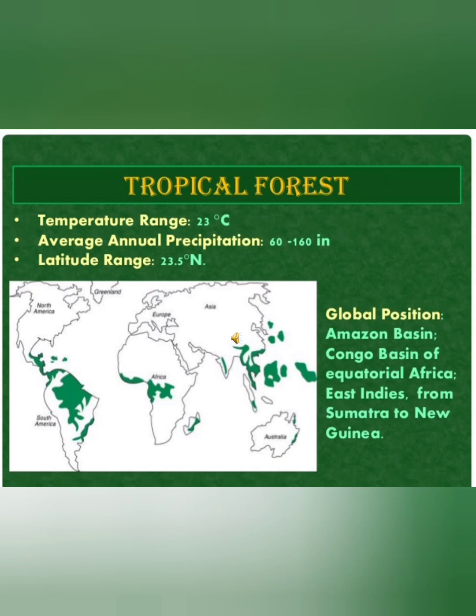Latitude range 23.5 Celsius. Global range: Amazon basin, Congo basin of Equatorial Africa, East Indies, from Sumatra to New Guinea.